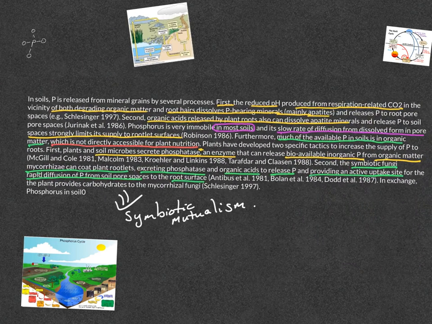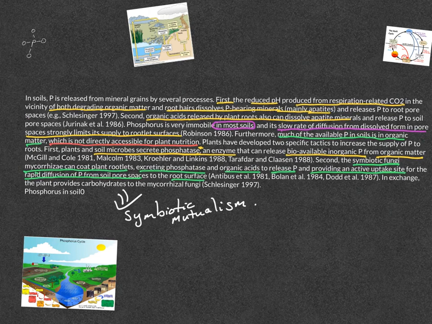I got this out of a research paper about how phosphate is taken out of the rock. And what you notice is that one of the first things that's difficult for plants to do is how do you get the phosphate out of the rock? So one thing is you need a low pH, an acidic environment in order for the phosphate to be released in a way that plants can use it.